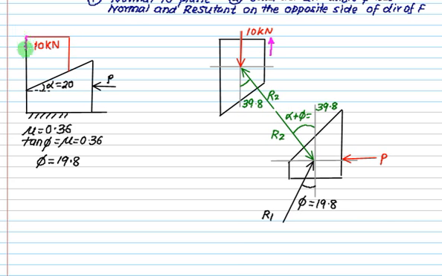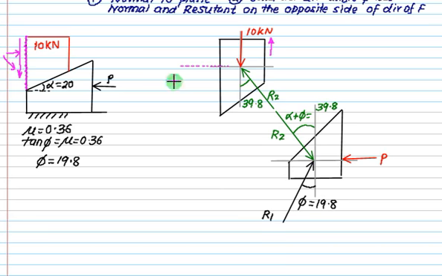If friction is going to occur over this surface, there is a friction force. If the normal reaction is like this, the resultant will be like this, correct? So this one is the normal to this surface. Motion is this side.